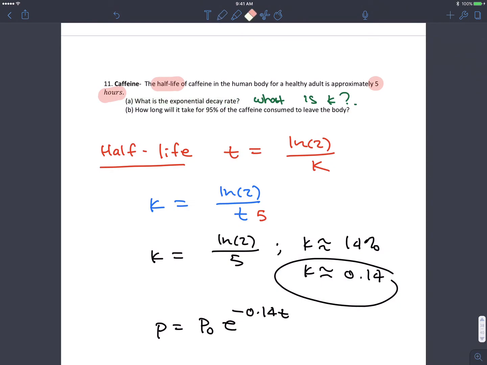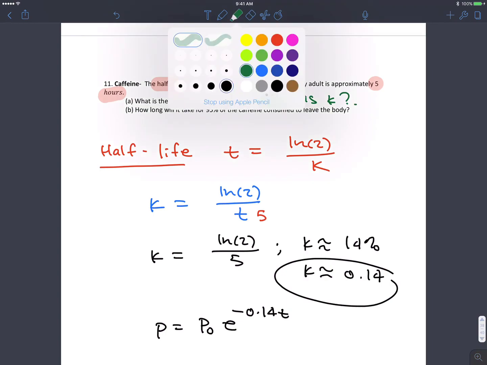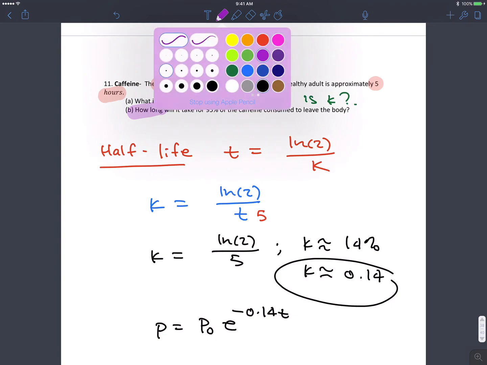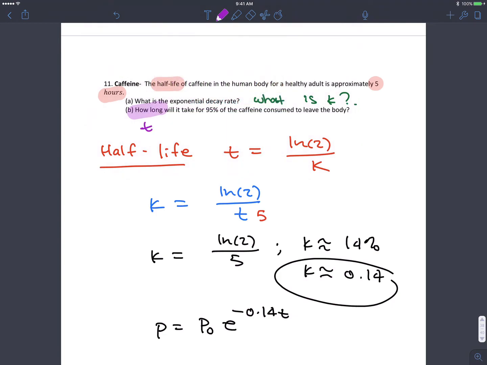How long will it take for 95% of the caffeine consumed to leave our body? Now, how long is the time value. That's t.